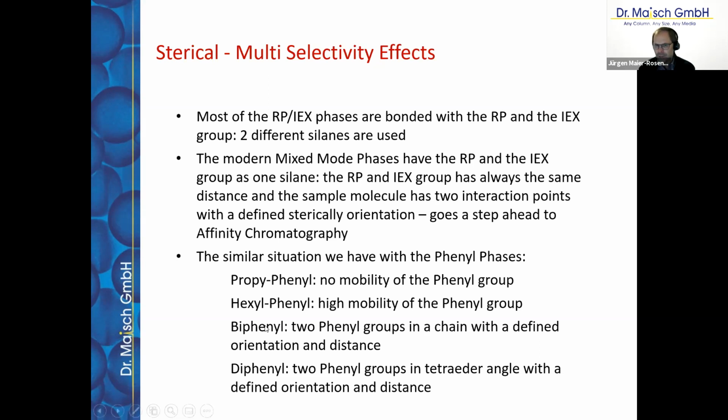And we have the same with the diphenyl phases, but the 2 phenyl groups have a tetrahedral angle. So all the 4 phases which you are looking at here have, beside the lipophilic interaction and the polar pi-electron interaction, also the spherical orientation, and so we have 3 possibilities to improve the selectivity and the separation.